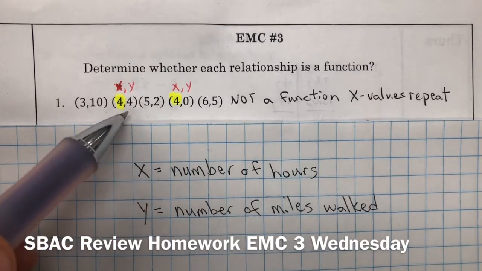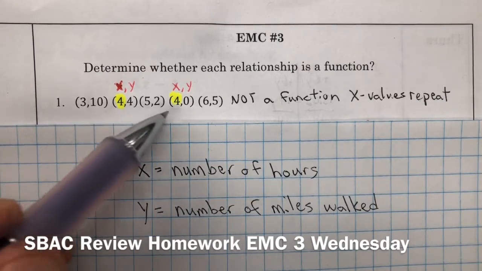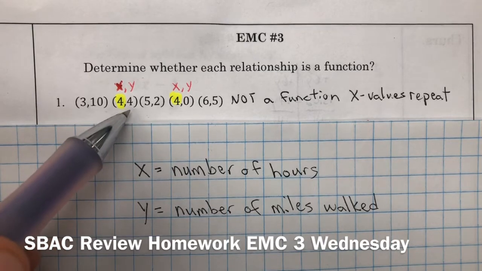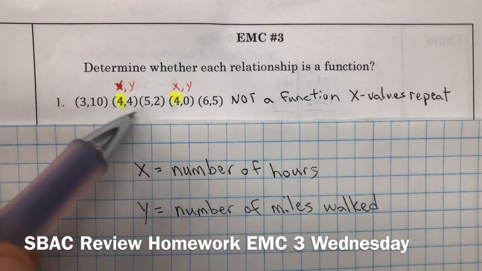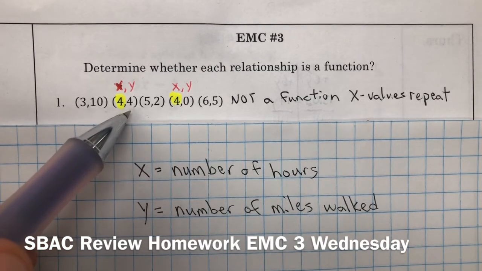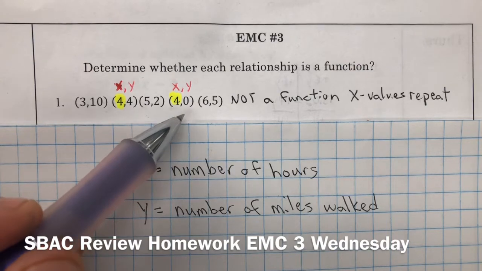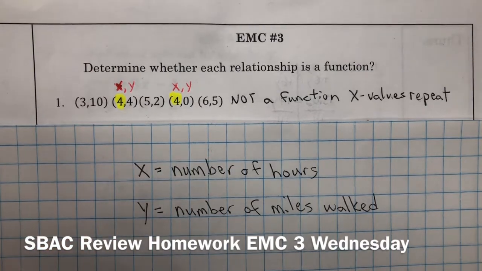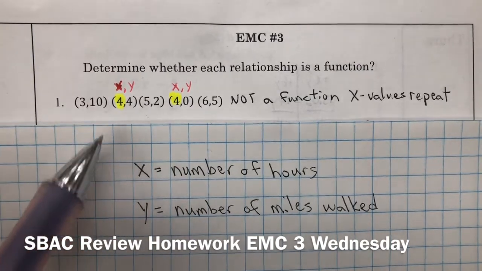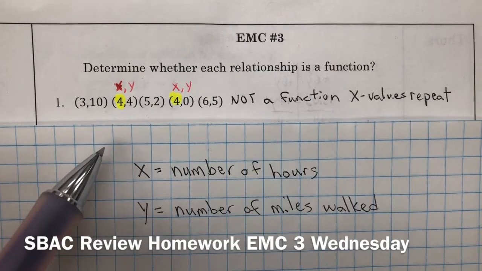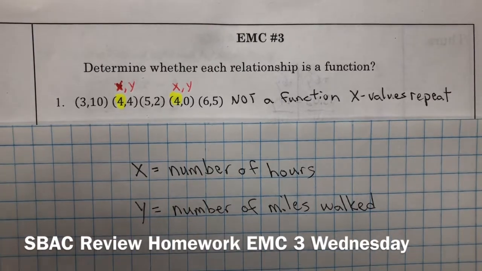You can't be at 2 different places at the same time. 4 represents hours, and so 4 and 4, the x's, and the y, 4 miles total distance walked, and 0 miles total distance walked. That doesn't make sense. It's not possible. So again, the x values cannot repeat. Otherwise, it's not a function.